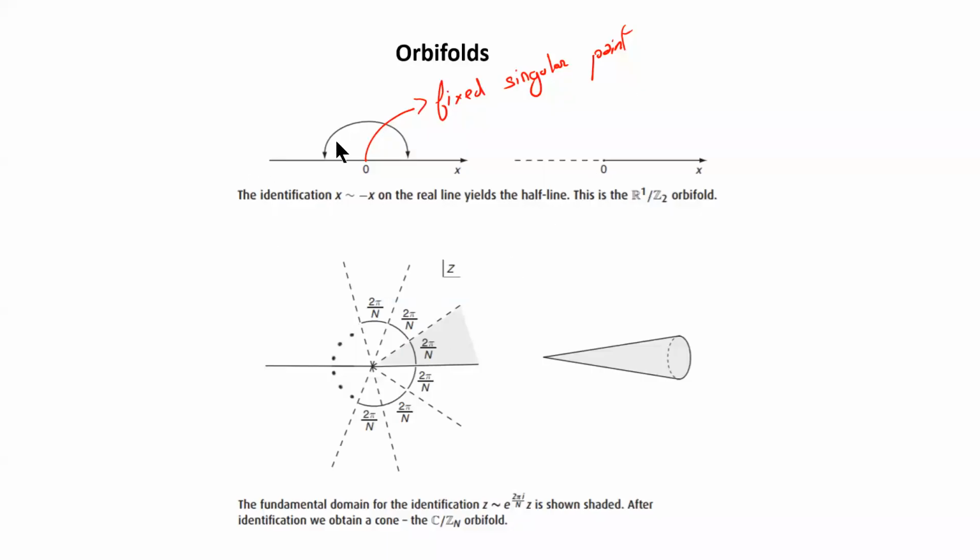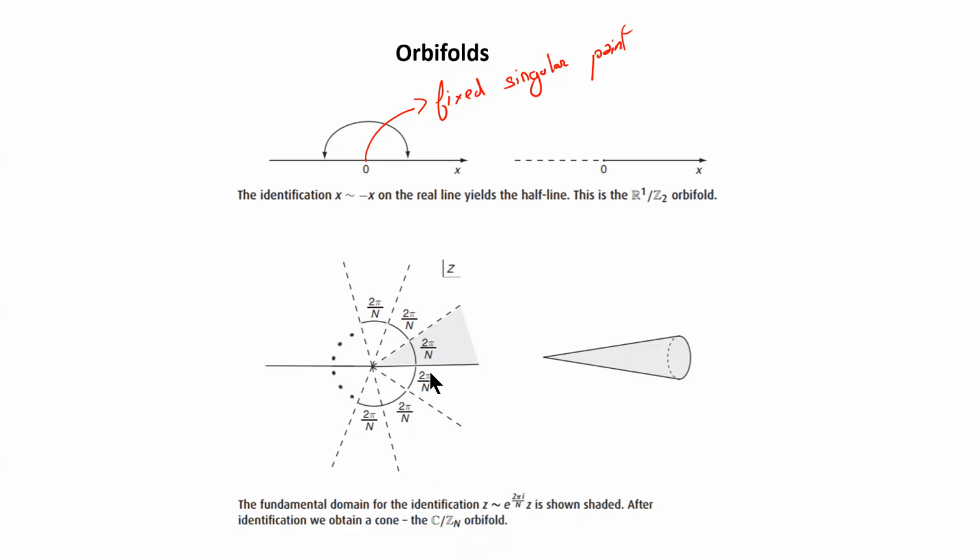Now similarly, this kind of identification in 2 dimensions gives us a rotation. Here you can see z goes to e to the power 2 pi i by n.